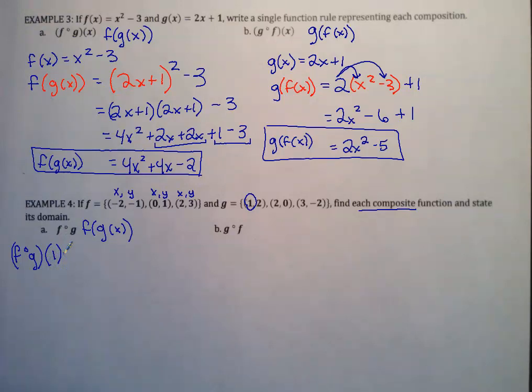You're right, and we don't need it. I know. That's why I said this is where it's going to get a little wonky. You don't need an equation. This is the same thing, though, remember, as f of g of 1. So if we say, okay, well, g of 1 is the y value when the x is 1. What's the y value when x is 1 for g? 2. So f of g of 1 is 2. Are we good with that?